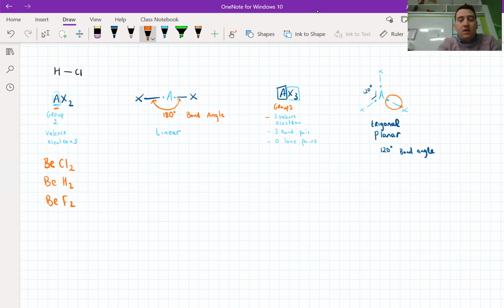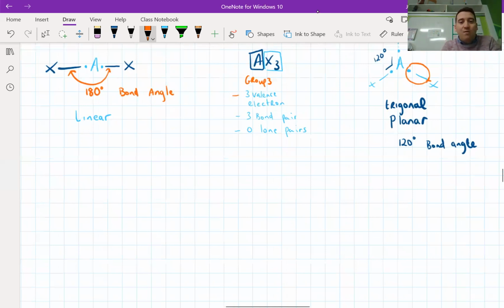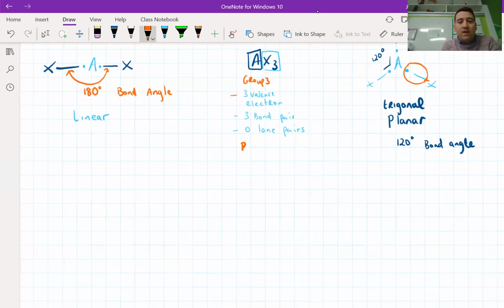All of those would be examples. This one here, A has to be a group 3 element. So the one we're mostly interested in is boron. So this might be boron trifluoride, boron trichloride, and boron trihydride. Okay, all of those will be examples of this here, AX3.